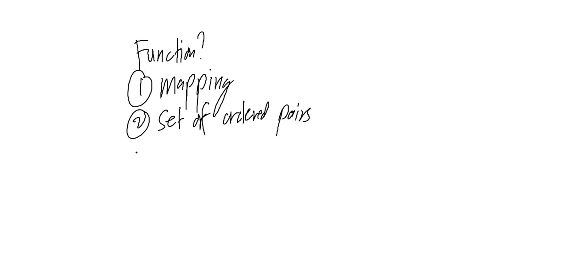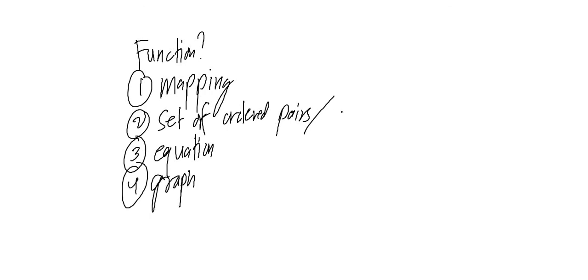To sum it all up, to determine if a relation is a function, we have to make sure first that we understand that a function can be represented as a mapping or a set of ordered pairs. It can be an equation, and it can be also a graph.